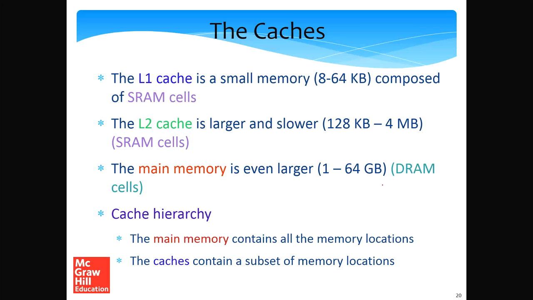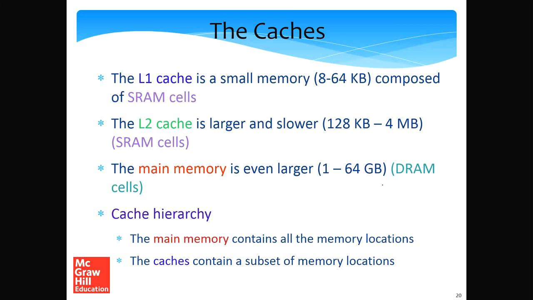So this is just a quick summary of what we discussed. L1 cache small and fast, L2 cache in the middle. The main memory is large. So this is a hierarchy of caches. The main memory will contain values for all the memory locations. We might relax this later, but for the time being, let's take it as a gospel truth that the main memory will contain all the memory locations and the caches will contain a subset of memory locations.